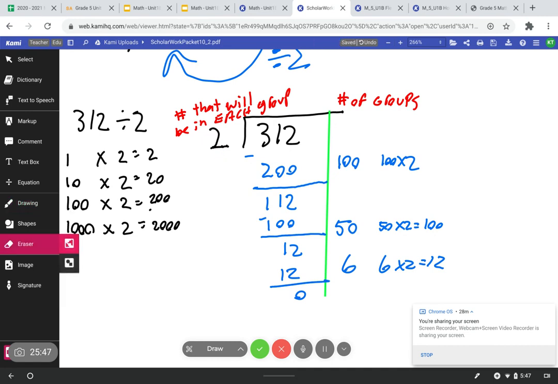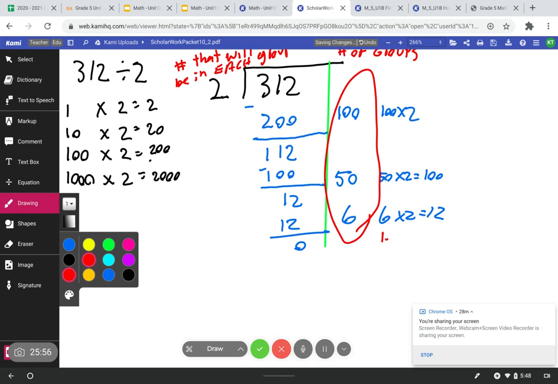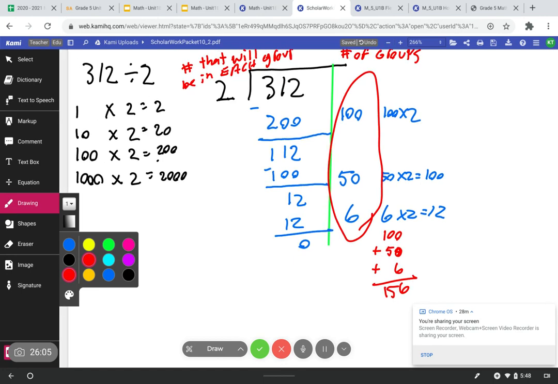So let's find our total number of groups. Our total number of groups is going to be 100 plus 50 plus 6. And that should be 156.